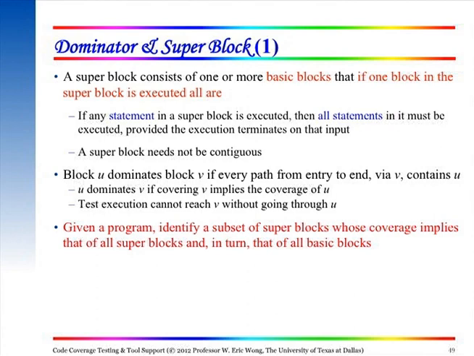One is executed, everyone else is guaranteed to be executed. What does this mean? That means if I go to you, I need to find a path to go to everyone else in the same superblock. Otherwise, how can I say one is executed, everyone else will also be executed?